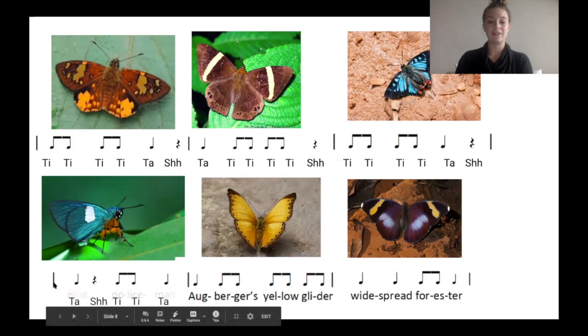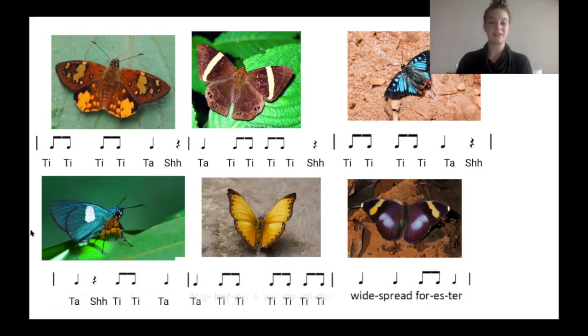And here's the answer, moving forward. We will try it one more time now that you can read it. 1, 2, here we go. Ta, ti, ti, ta, ta, ti, ti, ti, ti, ti, ti, ta, ta, ti, ti, ta.